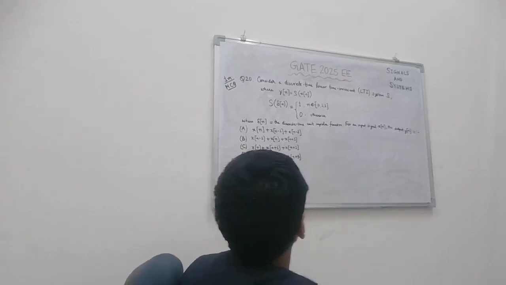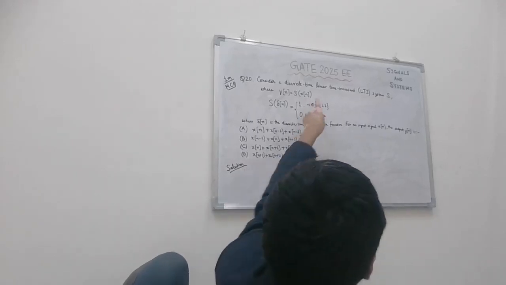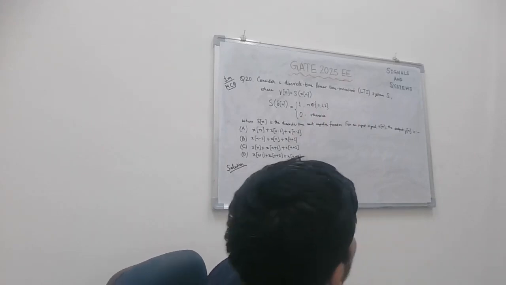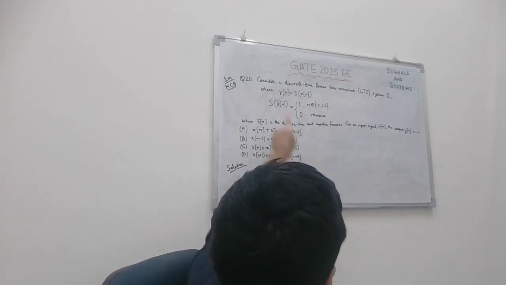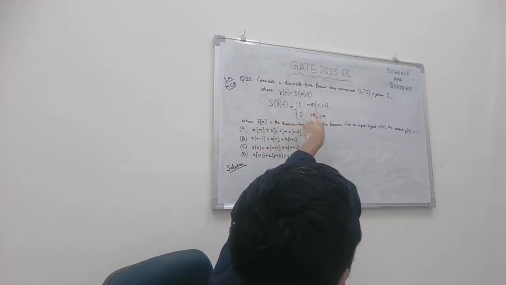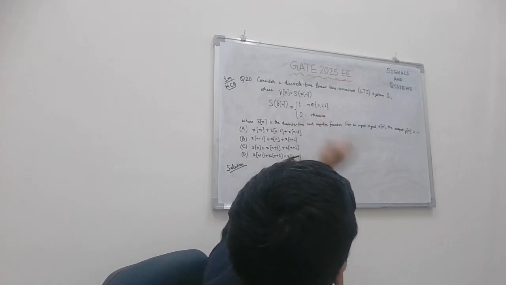Basically, the system S is a discrete time linear time invariant system, a DT-LTI system, which when the delta input is given, its output is equal to 1 for n equal to 0, 1, 2 and 0 otherwise, right?